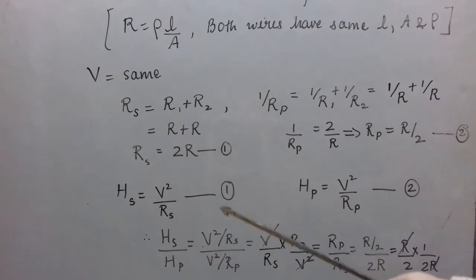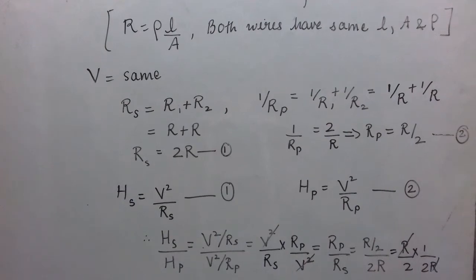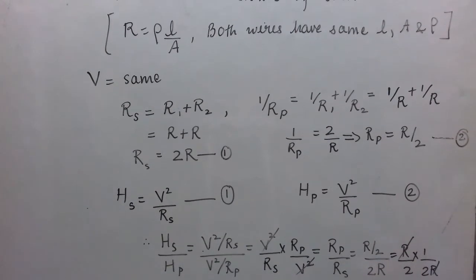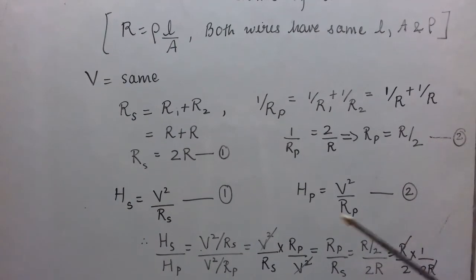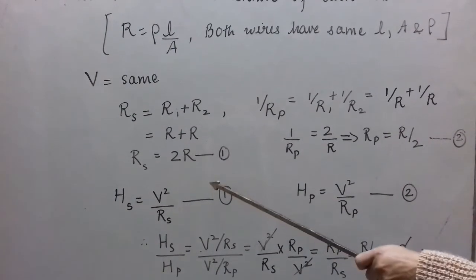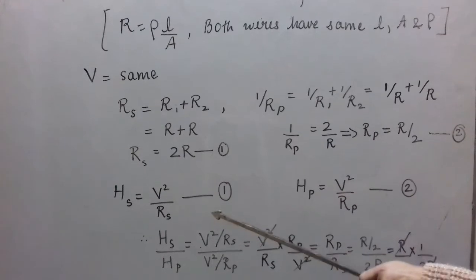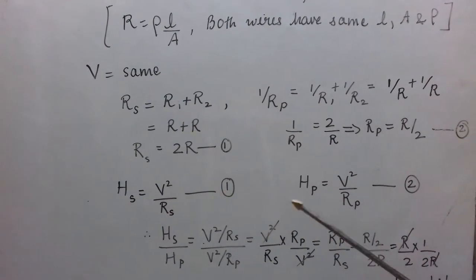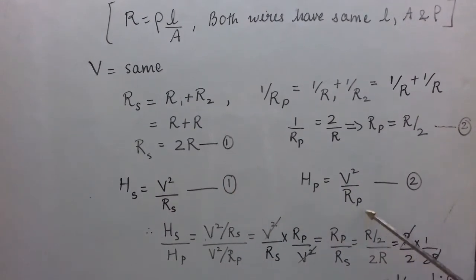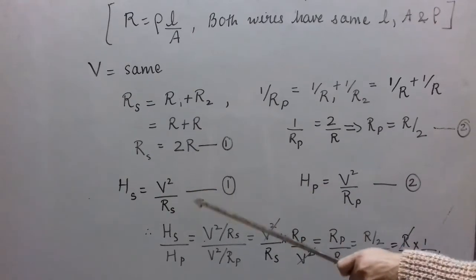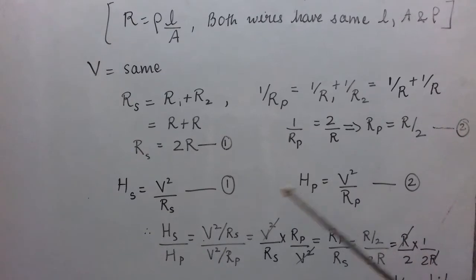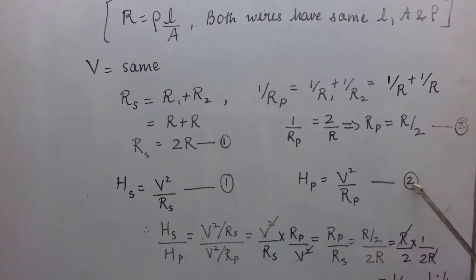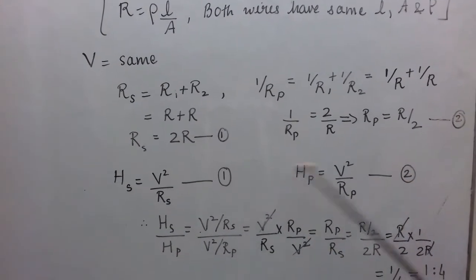We know there are three formulae for H: H is equal to I square RT, H is equal to V square over R, and H is equal to VIT. Here we will use the formula V square over R, because V is constant in both cases. So this formula will be better. So HS is V square over RS and HP is V square over RP. Let us number these two equations as 1 and 2.